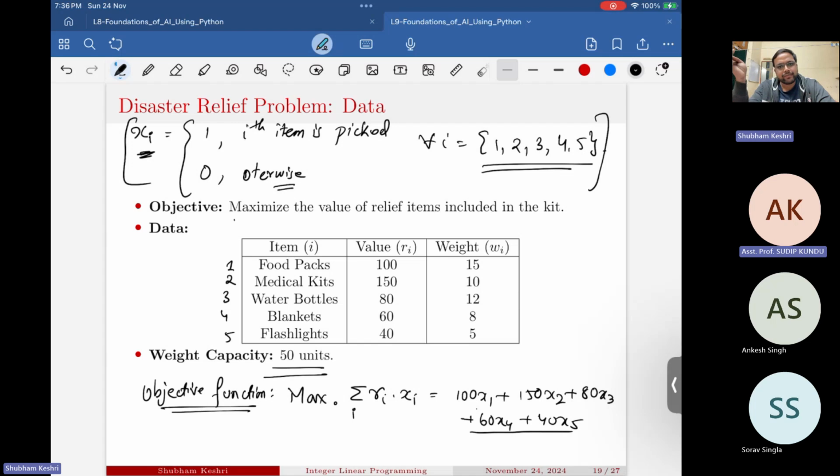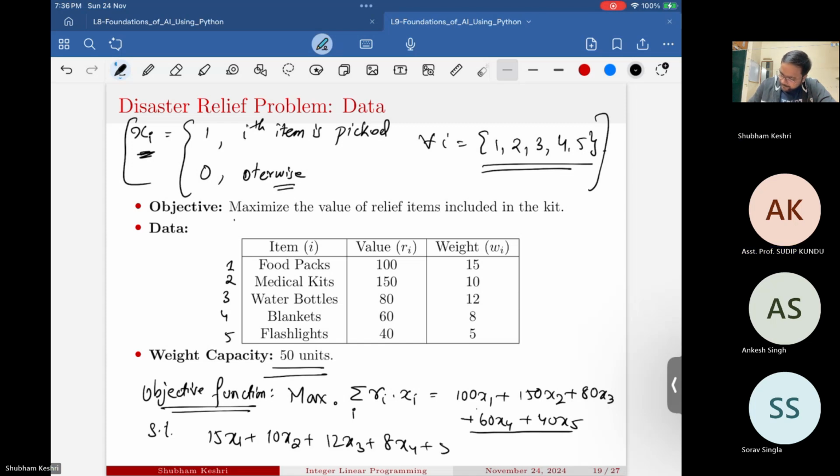So the weight capacity constraint will be one constraint like 15x1 plus 10x2 plus 12x3 plus 8x4 plus 5x5 should be less than or equal to 50. Right? This is the only constraint we have, and this is also linear.